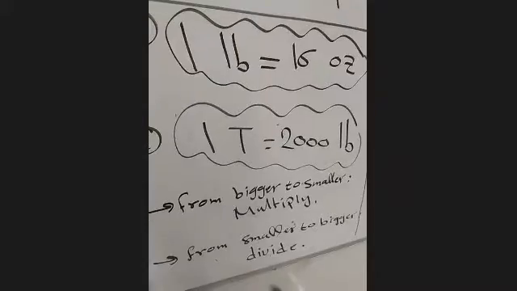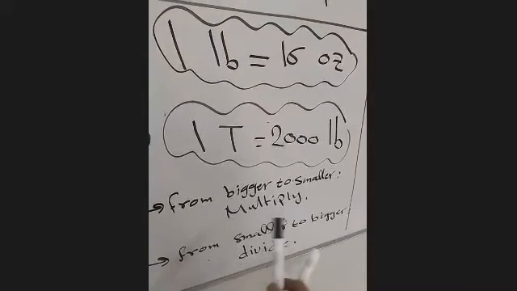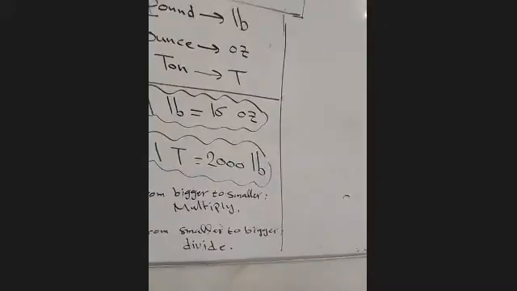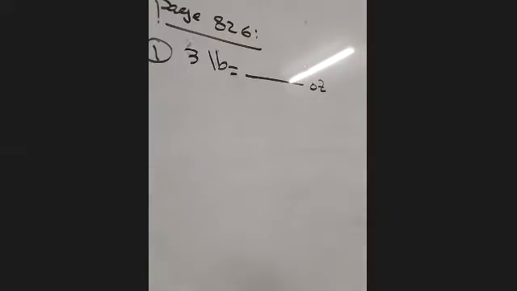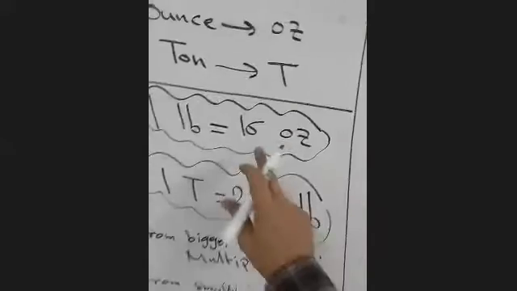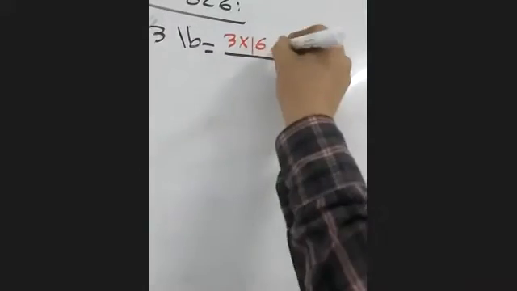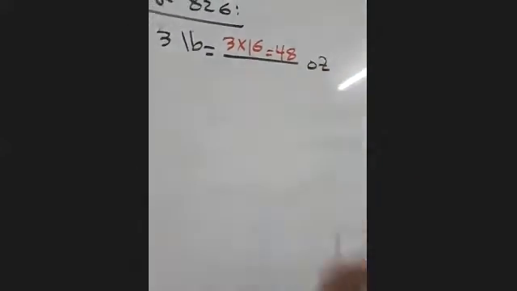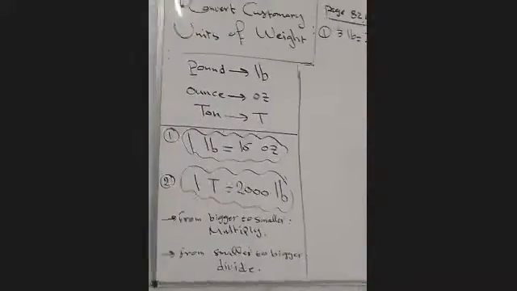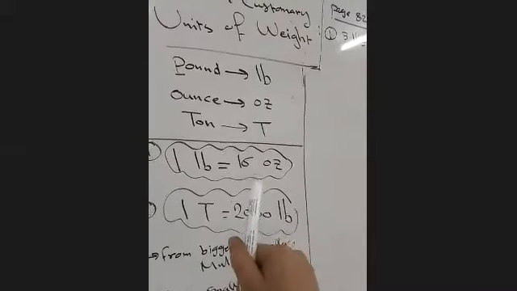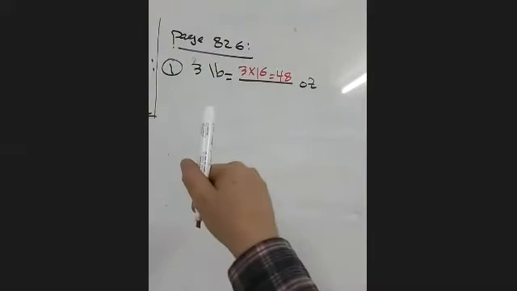If I want to turn from bigger to smaller, I will multiply. Multiply what? The number of the question, 3 pounds, with the number in the relation, 16. So 3 multiplied by 16 is 48 ounces. So if each 1 pound is 16 ounces, then 3 pounds is 48 ounces.